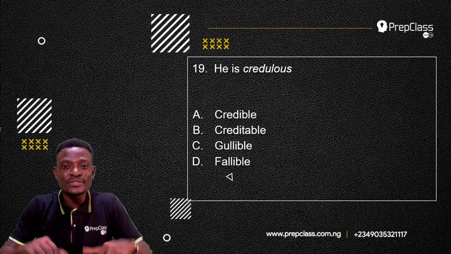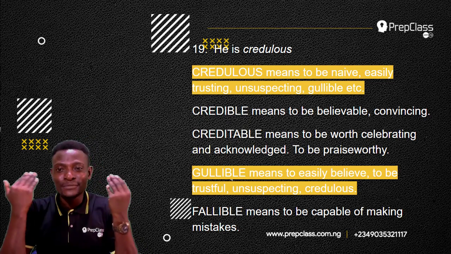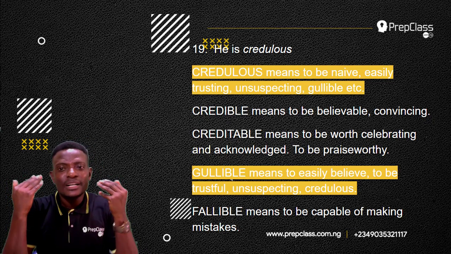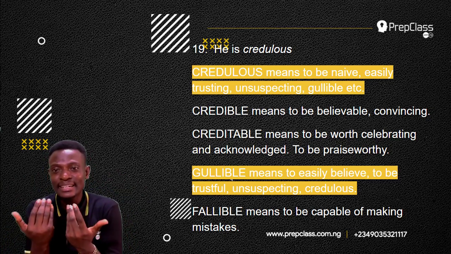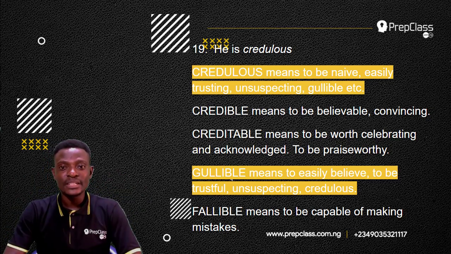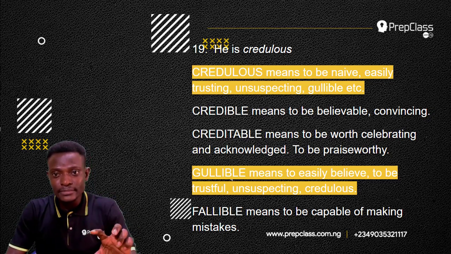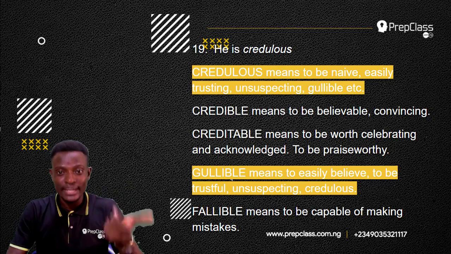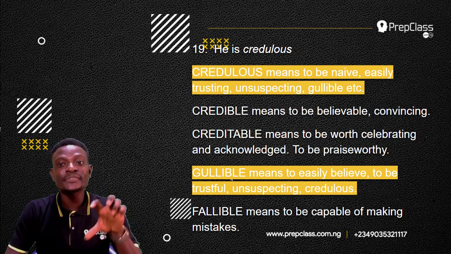The first thing we have to do is to define the word credulous. Now, the word credulous means to be naive, not knowing, to be easily trusting, unsuspecting, to be gullible. Now, imagine a situation where a child is holding 1,000 naira, just one note, and it comes with 10 notes of 50 naira.